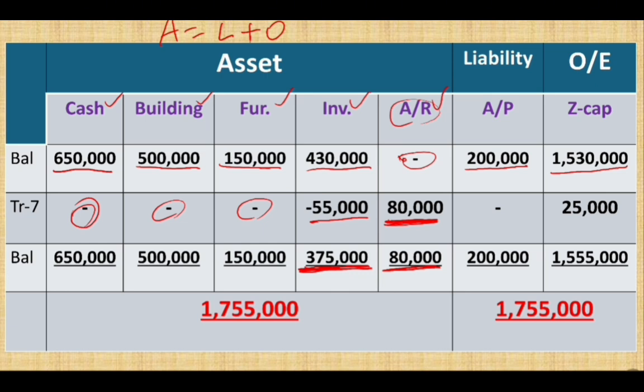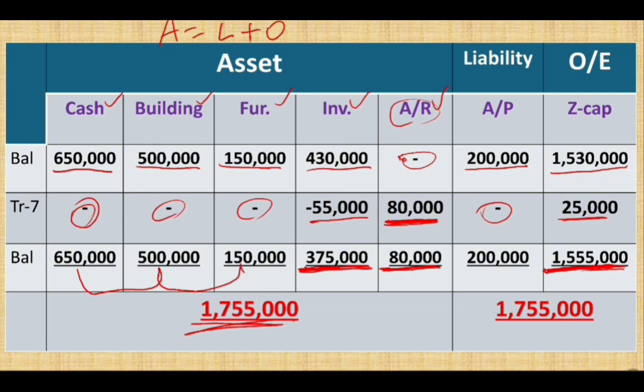The only account receivable we have is from transaction 7, therefore the balance is 80,000. During transaction 7 we don't have liability, but there was a profit. This profit is written on the Z capital because it increases the capital of the Z company. Therefore, the balance of Z capital, or the owner's capital, after transaction 7 will be 1,555,000.